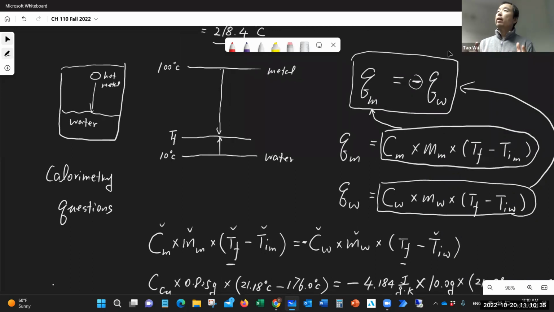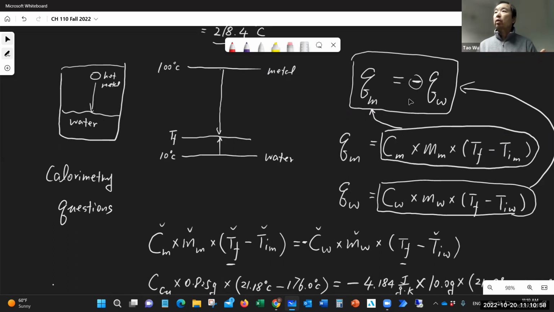The absolute value of the heat should be the same because heat cannot be destroyed. One thing is losing heat, the other thing absorbs the exact amount of heat. But a negative sign shows up here, which means one is losing heat, one is gaining heat.